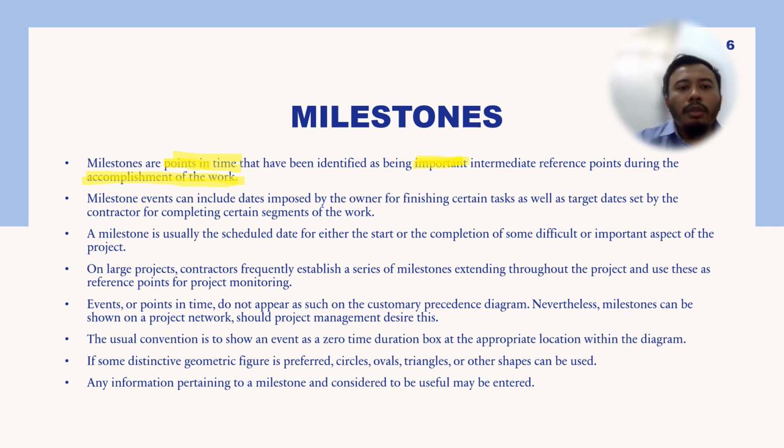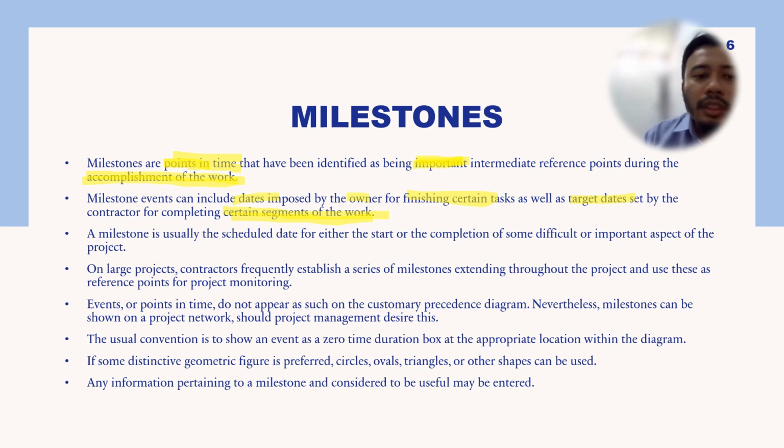Milestone events can include dates imposed by the owner for finishing certain tasks, as well as target dates set by the contractor for completing certain segments of work. So you can add a date set by the owner, or set by the contractor.